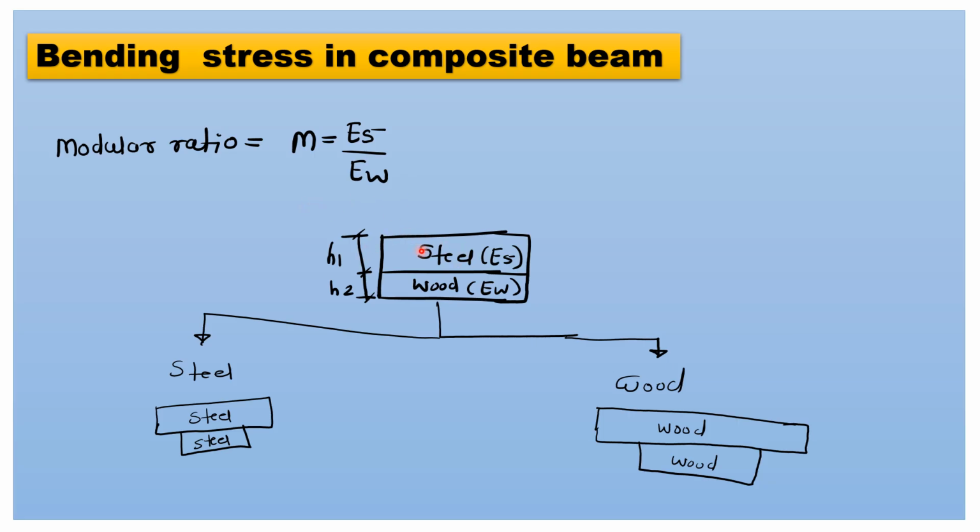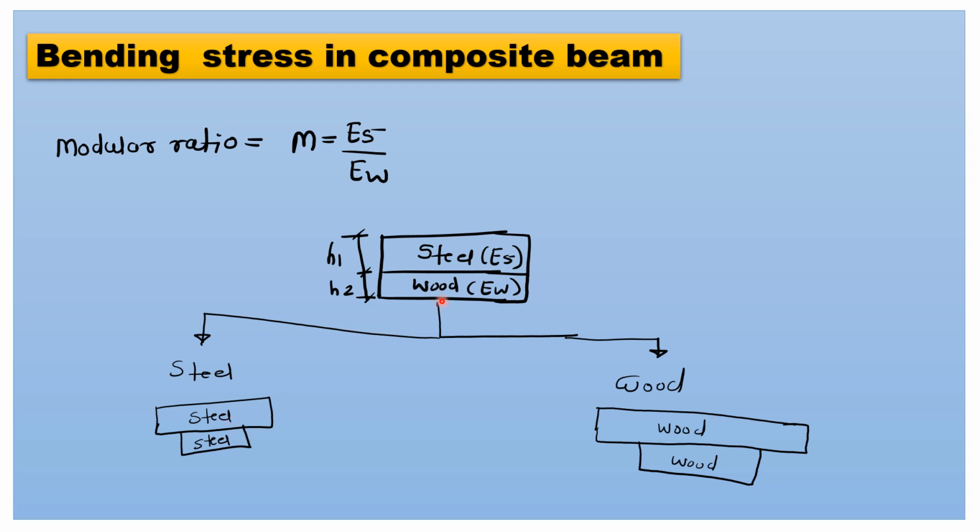So here this is the beam made of steel and wood. If we convert this beam wholly into steel and wholly into wood, what is the difference between the area of the member or the width of that member? Here steel is as it is in the first diagram, and in the second, this is the wood.